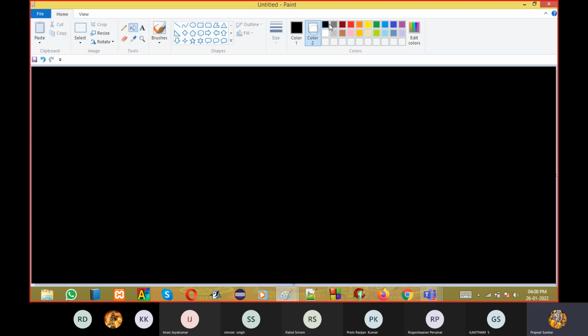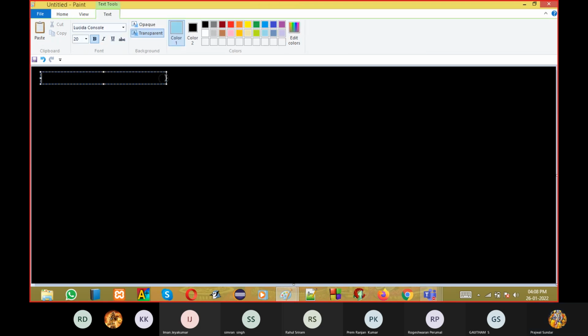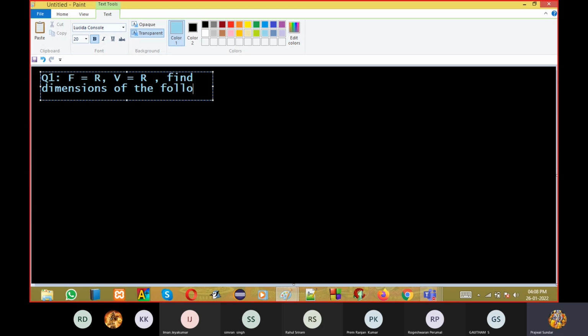Now we will see some other concepts in dimension. Suppose I am giving you the field as real numbers. I'll write question 1. I'm giving the field as real numbers and the vector space as R squared. Find the dimensions of the following spaces.